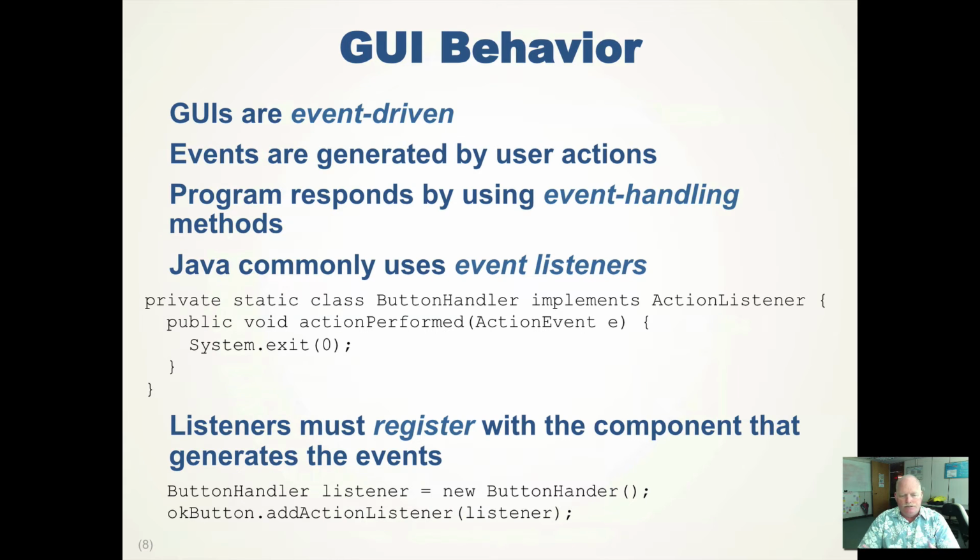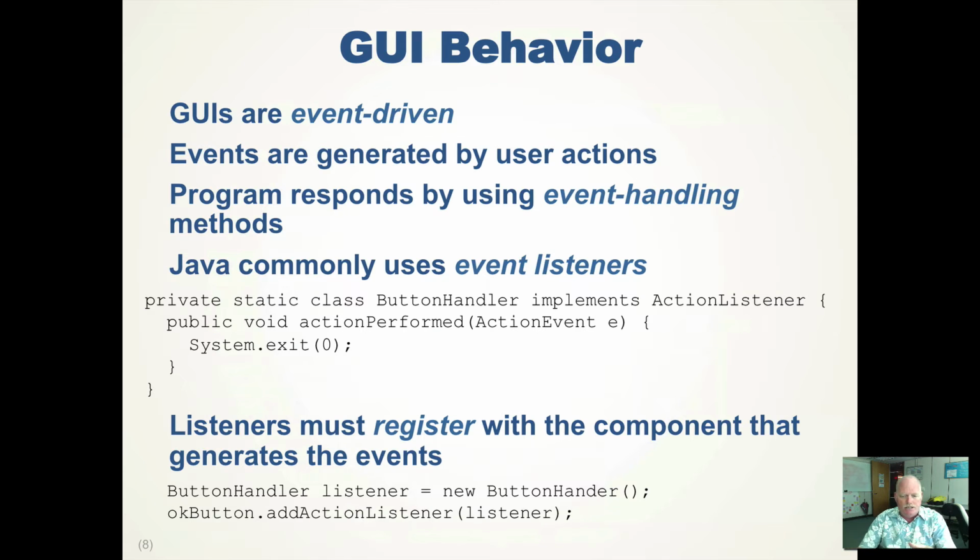Buttons and other GUI components can have multiple listeners. So the OK button could have three or four different action listeners listening for those events, and eventually the button handler will quit the program. But you can imagine other things, where if you press the button, one increments a count, and another redraws or moves a car on the screen.